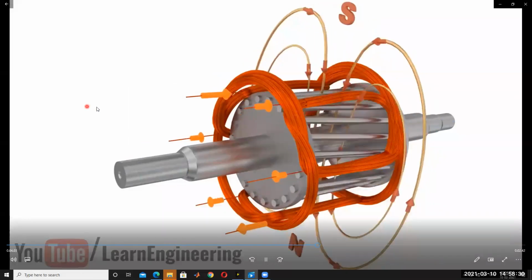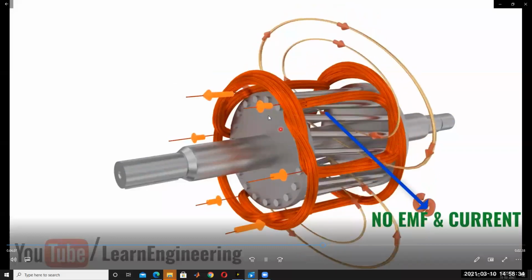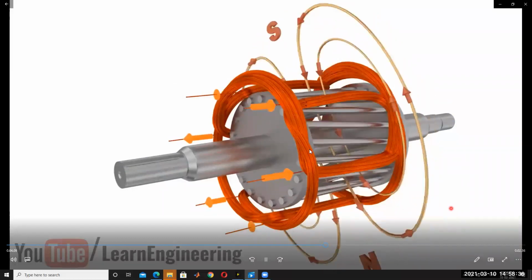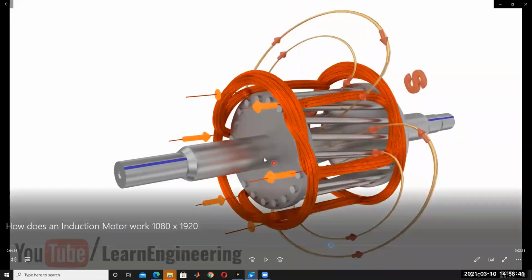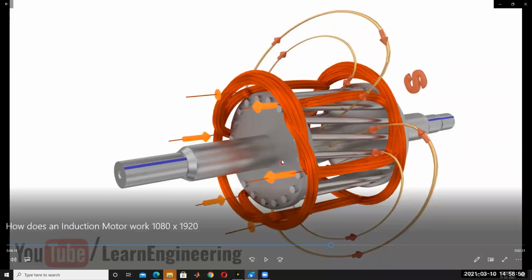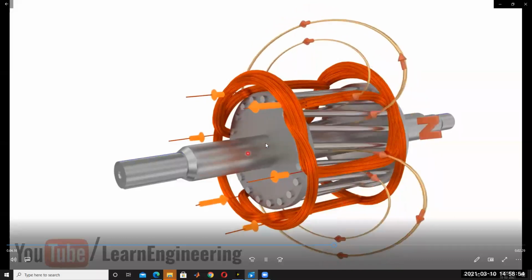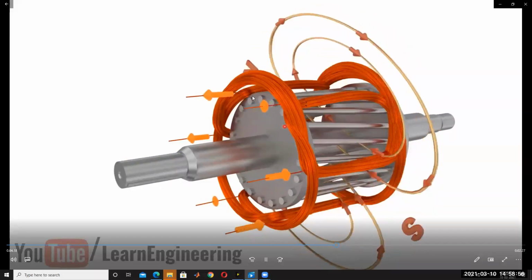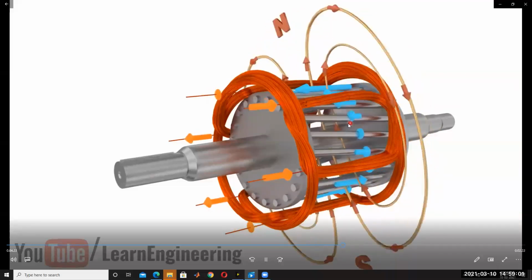Whenever both rotate at the same speed, no EMF and no current are developed in the rotor conductors. That is the main important concept. If the rotor speed is less than the synchronous speed, EMF is induced and current is developed.